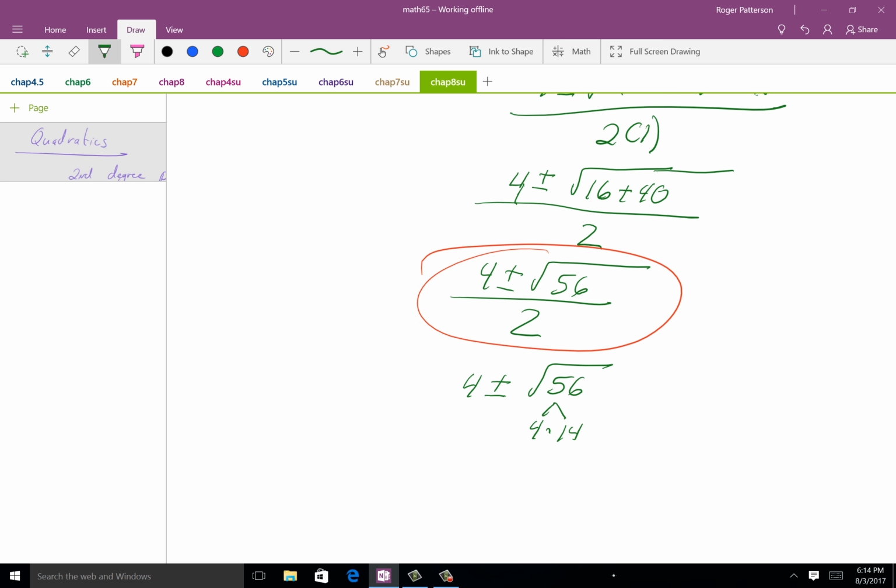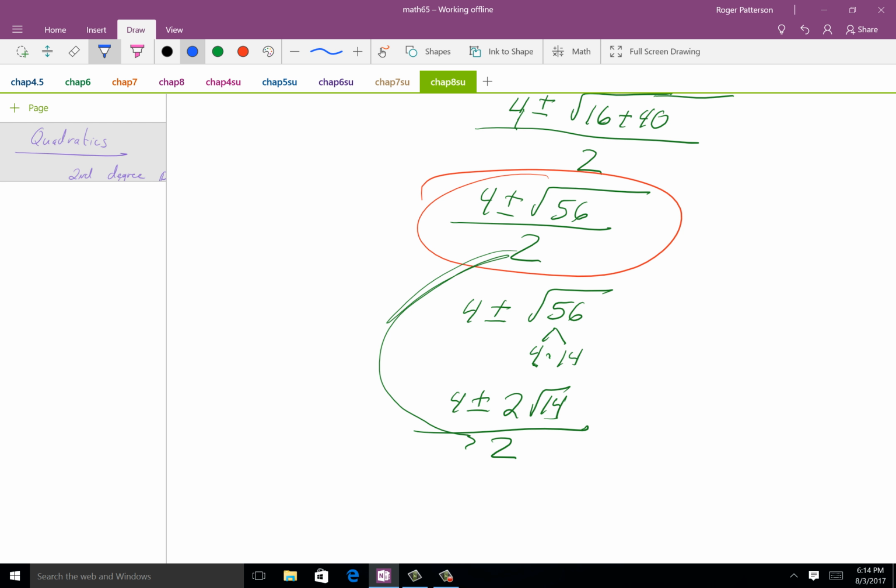Okay, so 4 plus or minus, the square root of 4 is 2. That's going to come out to the front. Then I have that 2 on the bottom from right there. And now when I do this, I'm going to divide this part, but not the number underneath the square root.